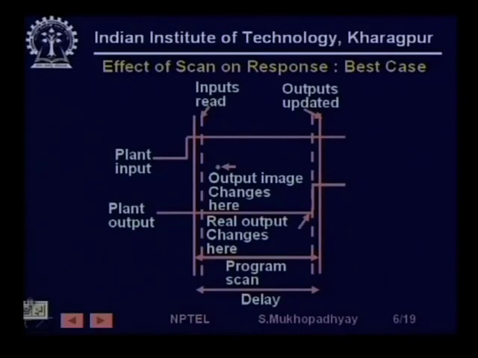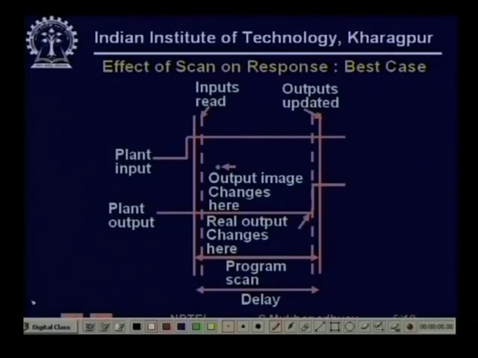Now, we have to see what is the result of these activities, this kind of scanning, what kind of impact it has on the various input and output updating. Typically, we are interested to know how much of delay we can expect in responding to an input change. Imagine that there could be a best case and there could be a worst case.